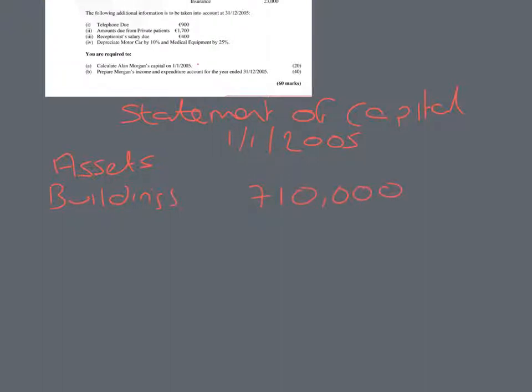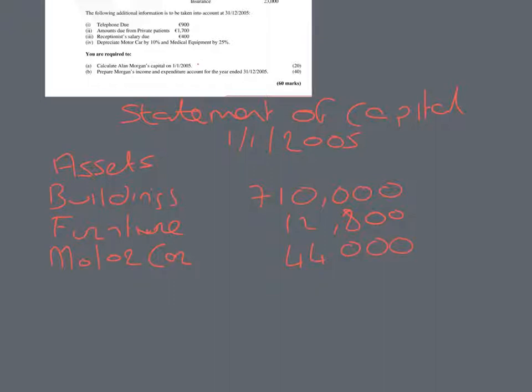The next one is furniture, and that's 12,800. Next one is motor car, and that's 44,000.